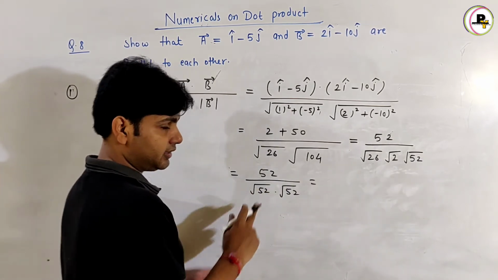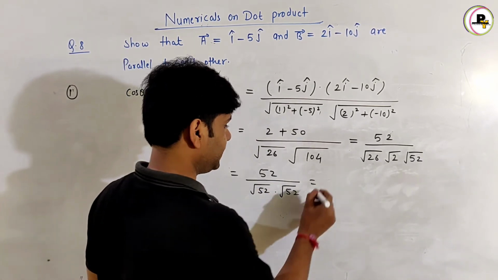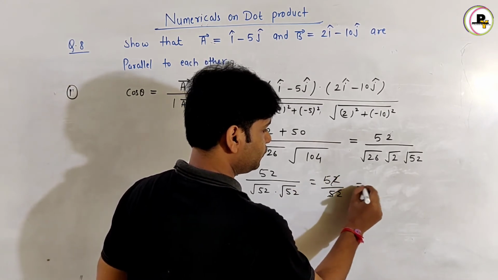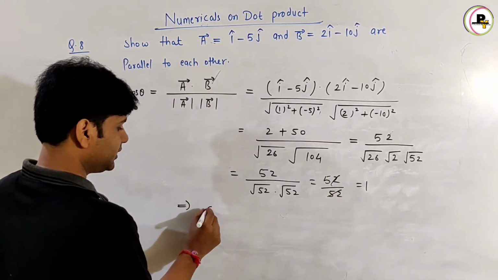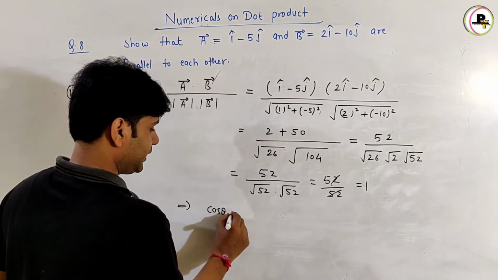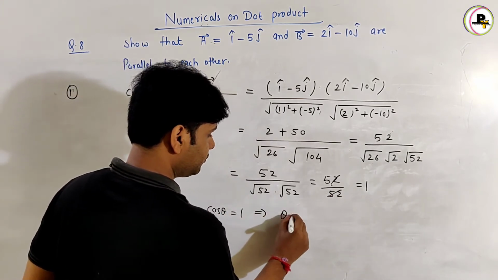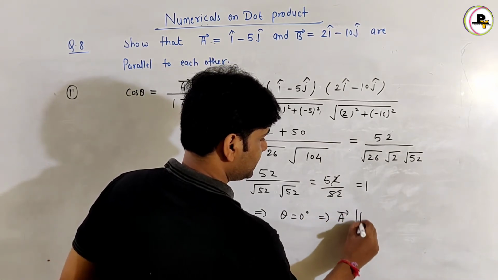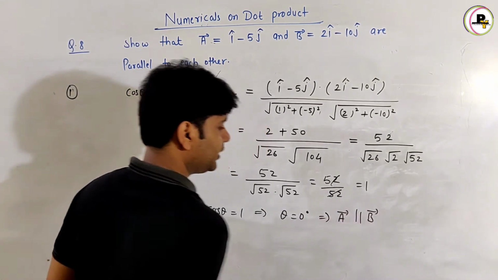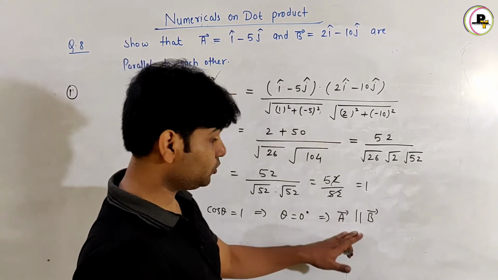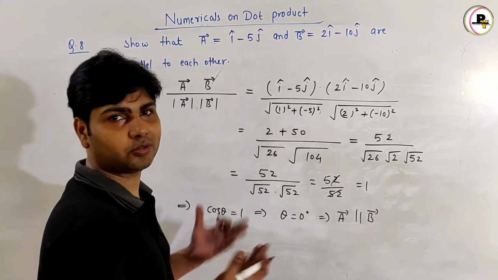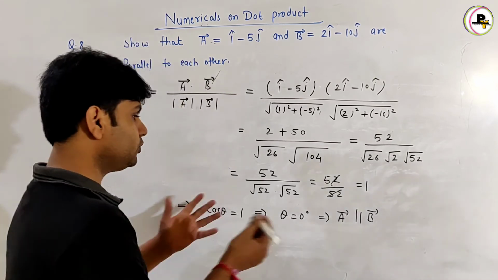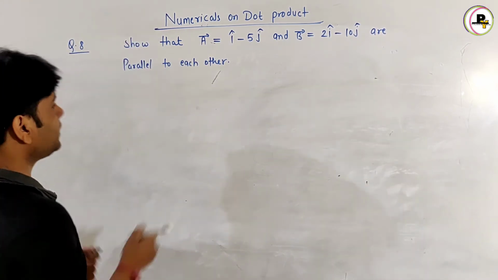Therefore the denominator will get rationalized, and I get what? 52 divided by 52, that is equal to 1. Therefore cos theta is equal to 1, and hence I get theta equals 0 degree, and therefore I can write here a vector is parallel to b vector, or a vector and b vector are parallel to each other, because theta is 0, so both vectors are collinear vectors, both are parallel to each other. This is the first method.